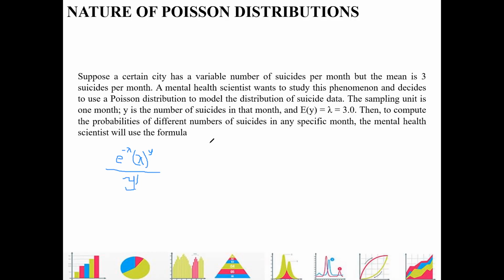Now, in 1 month, ang ating e is e raised to negative 3. Yung lambda kasi natin is 3, multiplied by 3 raised to 1 over 1 factorial.